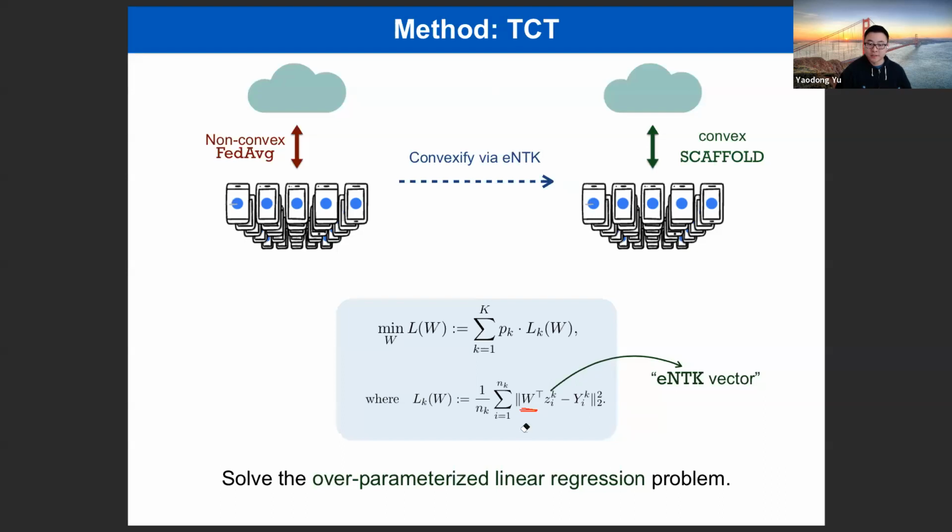We can tackle this communication problem and save communication bits by doing this data dimension reduction.